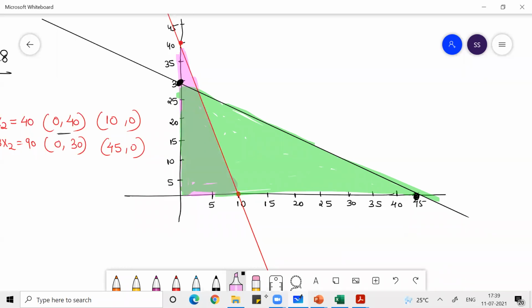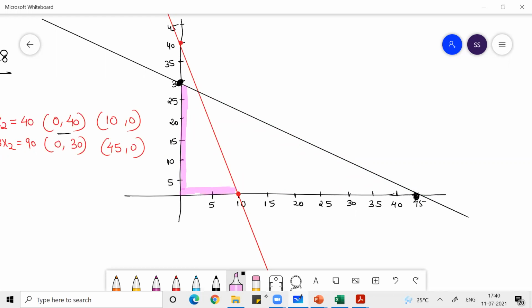Now, what we need to find, guys, is the feasible region. So what is the feasible region, sir? The feasible region is the region which is common between the two lines. So find the region which is common between the two lines. That will be your feasible region.